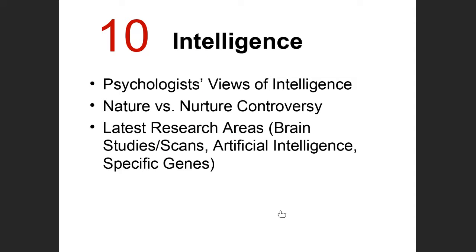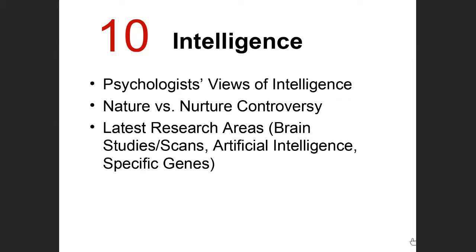So if you ask 10 different psychologists what their definition of intelligence is, you will get 10 different definitions. We've talked about the nature-nurture controversy in this class, and the fact that people argue about whether something is more nature or more nurture.